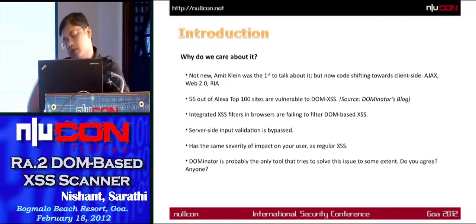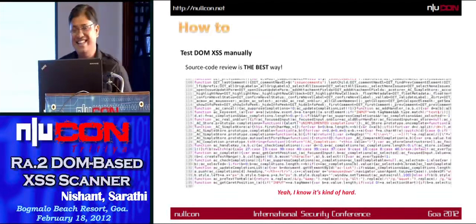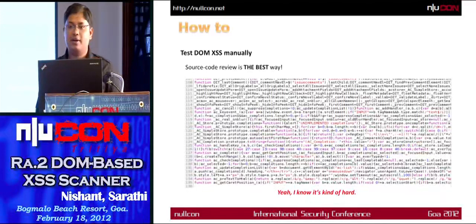And why we are interested in writing this tool is because I know DOMinator to be the only tool that tries to solve this problem to some extent. Do you agree? Okay. No, not really. There is also iPhones. Okay, so to test DOM XSS manually, source code review is the best way. But this is a bit tough, I know.